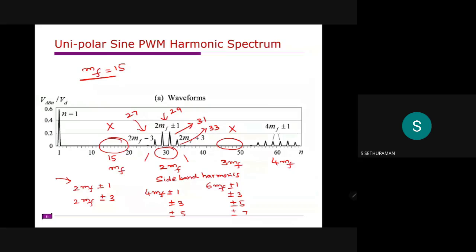Similarly here, you can write down. First, why are these MF, 3 MF, 5 MF harmonics eliminated? That we will observe first.